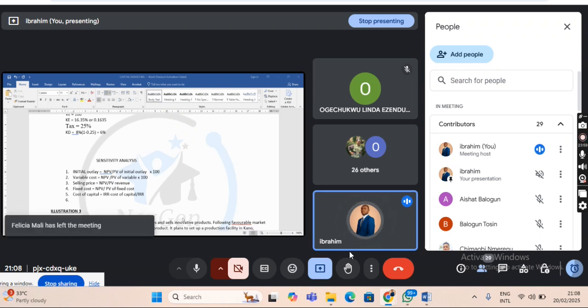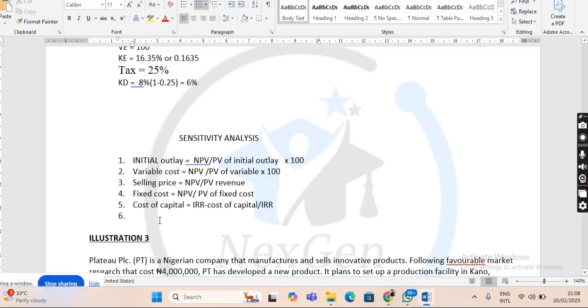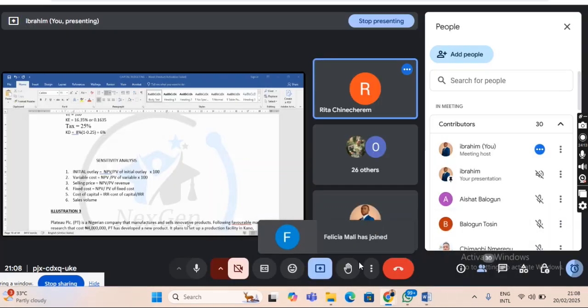Sensitivity analysis for sales volume, okay. Is it possible they'll ask us for the tax rate?